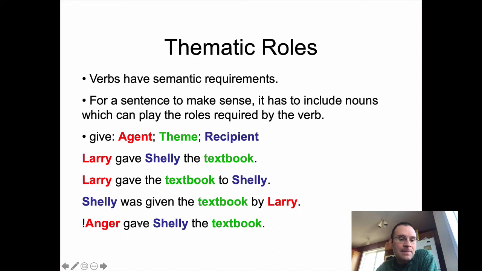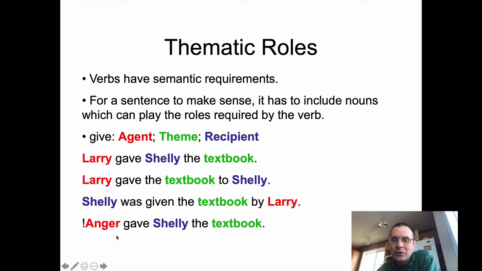What doesn't make a whole lot of sense to try to say in English is when you substitute a non-conscious or non-intentional being as the noun phrase that's trying to fill the role of agent in this sentence. So it's okay syntactically to say that anger gave Shelley the textbook, but if you said that, that would be pretty odd.